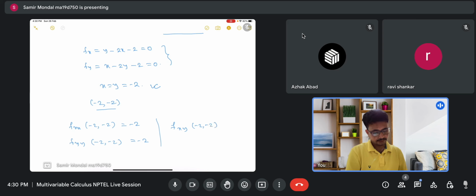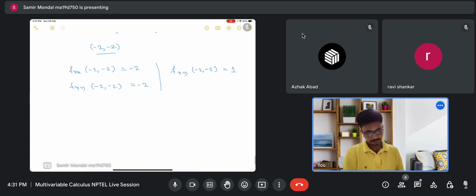This is only 1. Is it or not? It's fine. What is the Hessian at the point minus 2, minus 2? It is minus 2, minus 2, 1 and 1, meaning 4 minus 1 equal to 3, which is greater than 0.